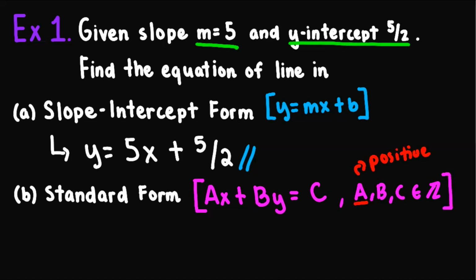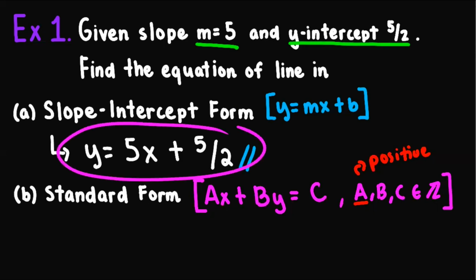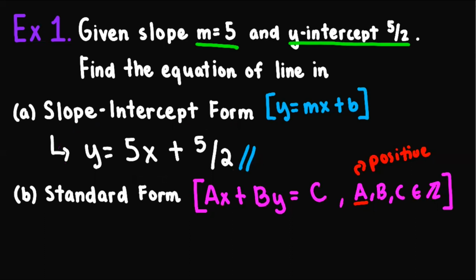So given that, how do we obtain the standard form? Since we are already given the slope-intercept form, we'll use this to obtain the standard form. From this out here, since we want integers, what we can do is multiply both sides by 2.